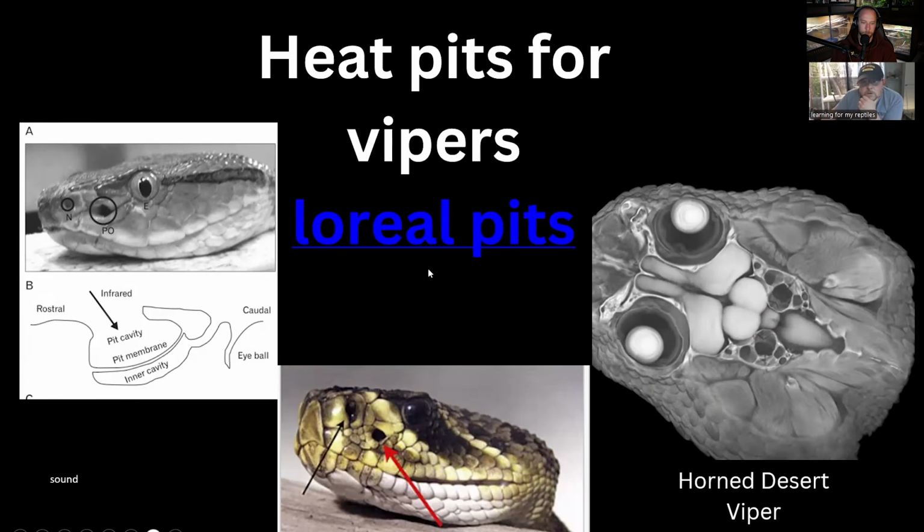Right. So the loreal pits here are those two dots in front. They are 10 times faster than a python, and accurate to 0.02.